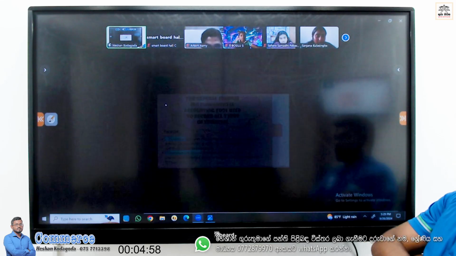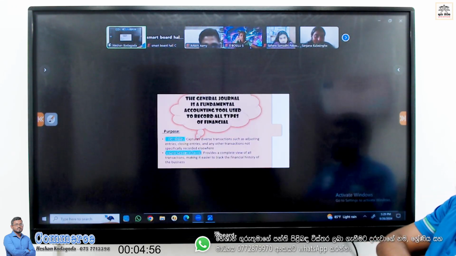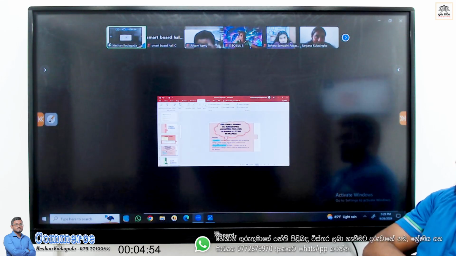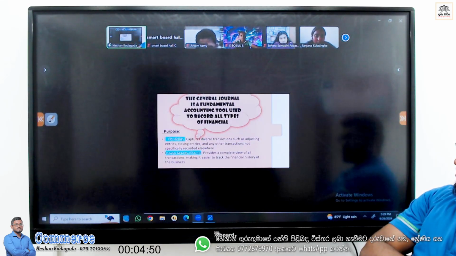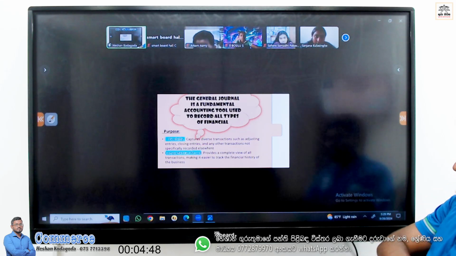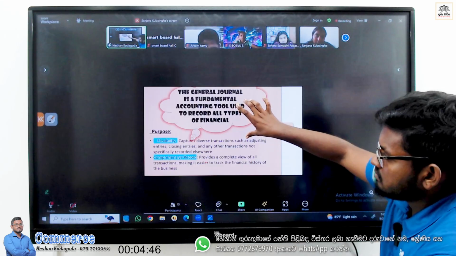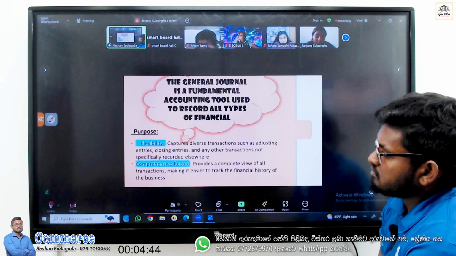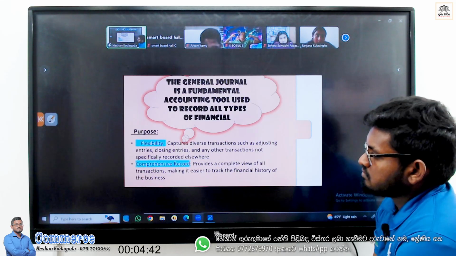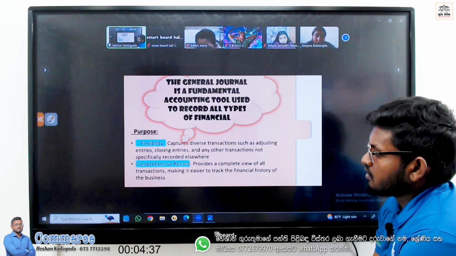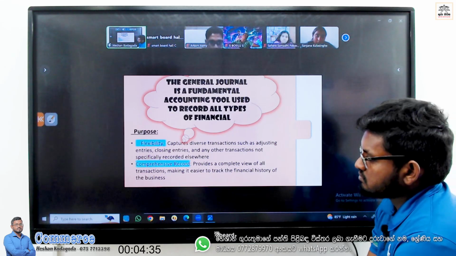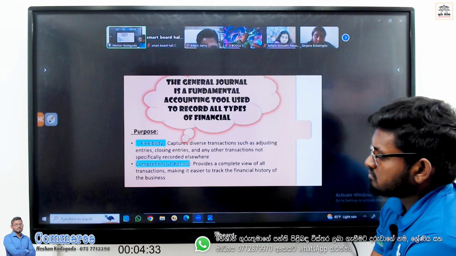The purpose of using the general journal is the flexibility. It captures diverse transactions such as adjusting entries, closing entries, and any other transactions not specifically recorded elsewhere, and also the comprehensive record. It provides a complete view of all transactions, making it easier to track the financial history of the business.